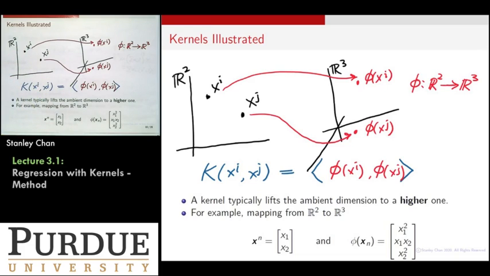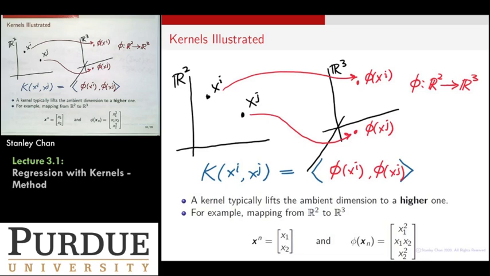So now what you can think about is this. You have a data point living in R2. I want to do some transformation so that now the data points will live in R3. It's a lifting. Normally you think about reducing the dimensionality, but in a typical kernel method, you actually expand the dimensionality.